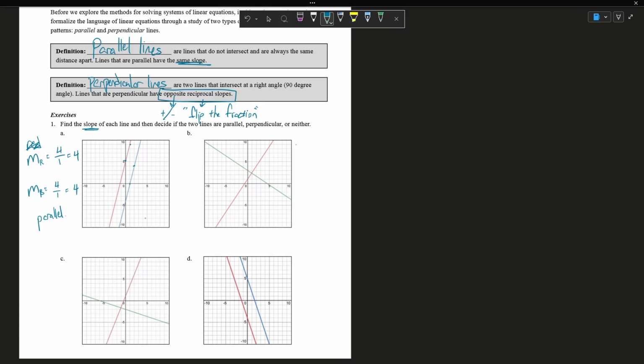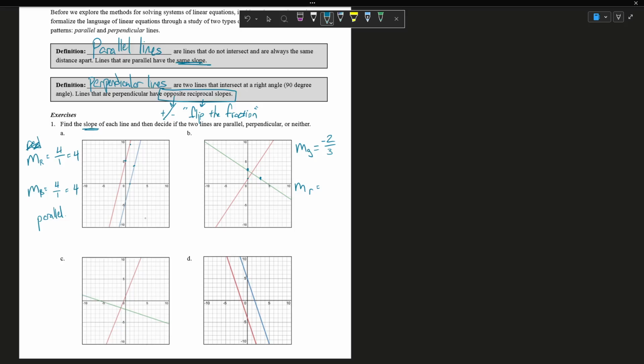Now in B, m_green and m_red. For green, I have this point and this point. I go down 2 over 3, so negative 2 over 3. For red, let's find some points.